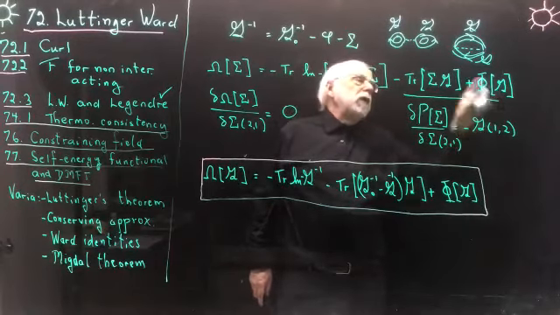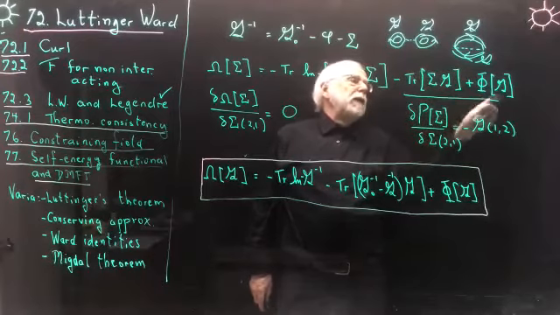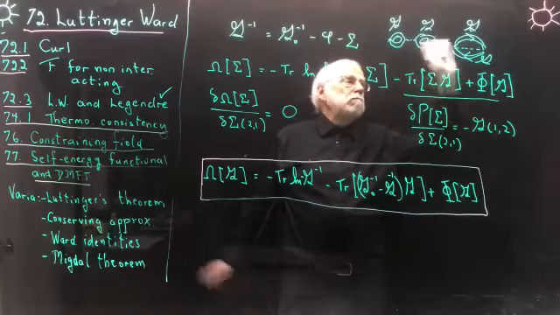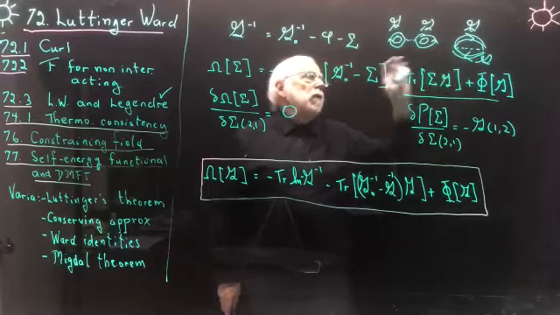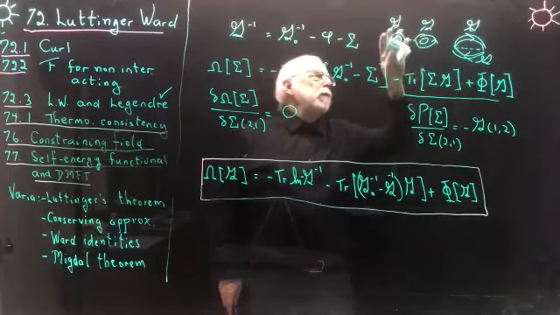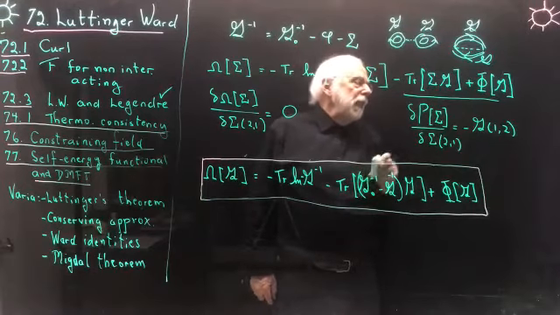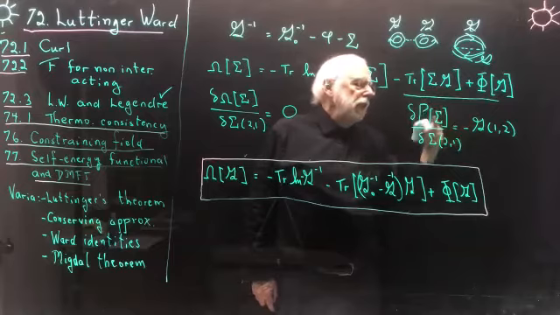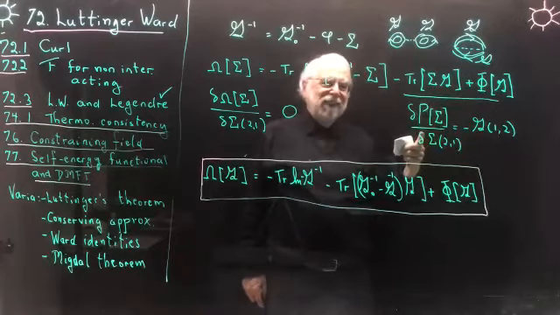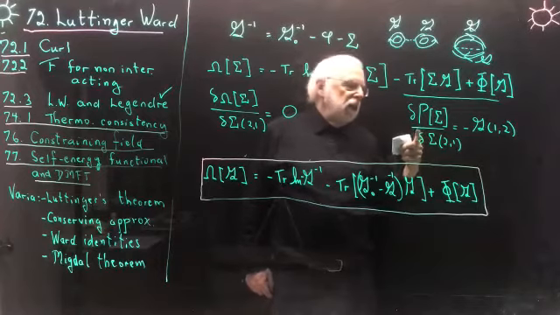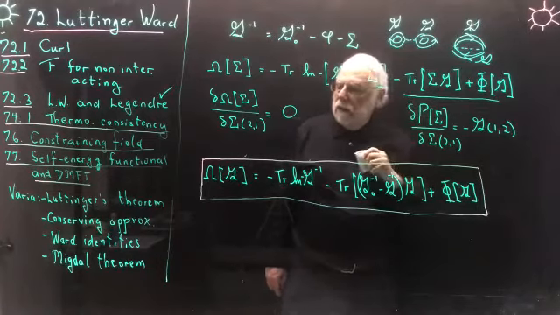And it's universal. Given the interaction, it has the same structure. So it means that P of sigma, that is the Legendre transform of this, is also universal.